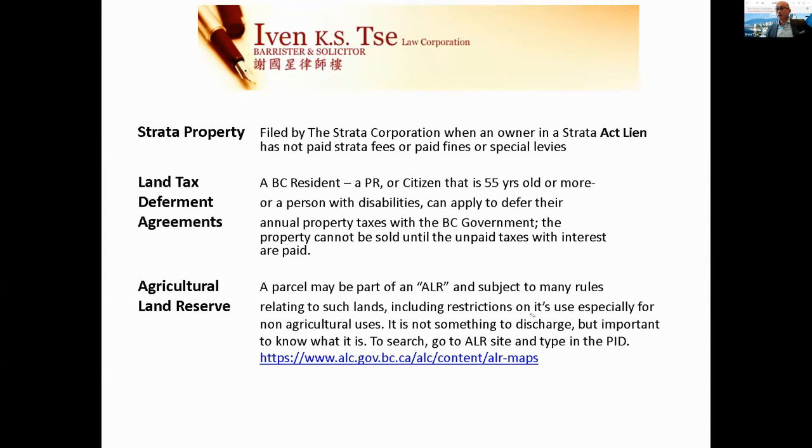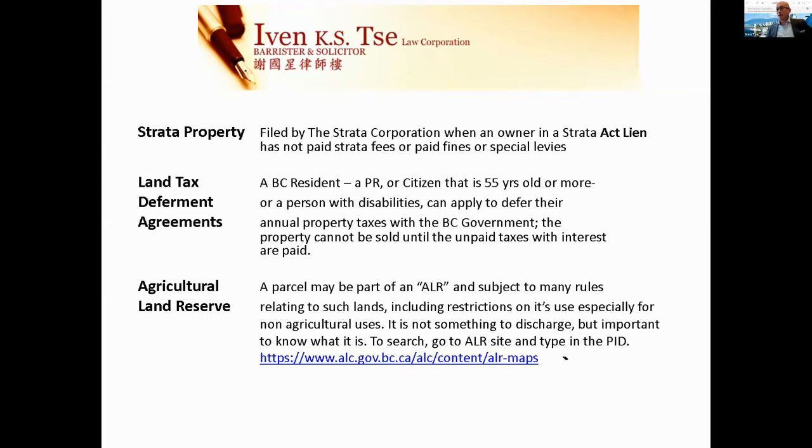Okay. And then there are notations that say that this land may be part of an ALR. What is an ALR? Well, to find out, first of all, if a piece of land is in an ALR, you might go to this website that I've provided here, a link. Tap in the PID number and you'll see whether it is in one or not.